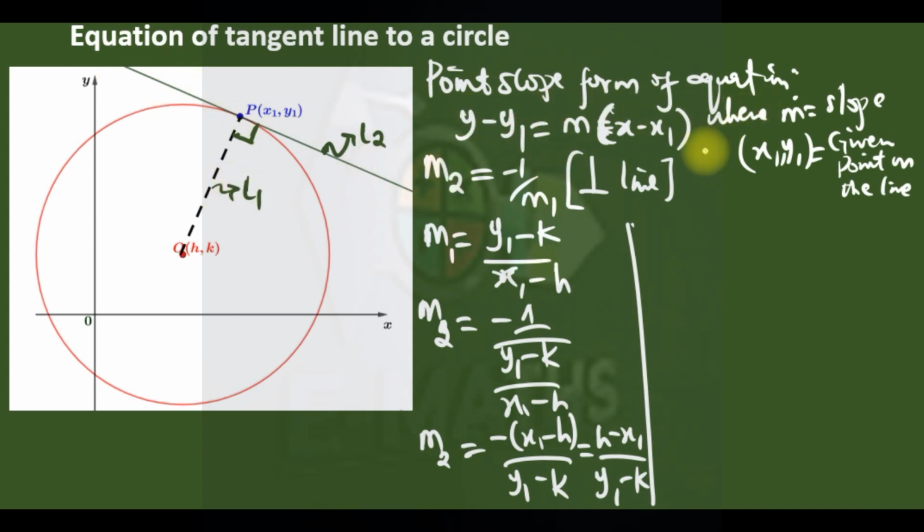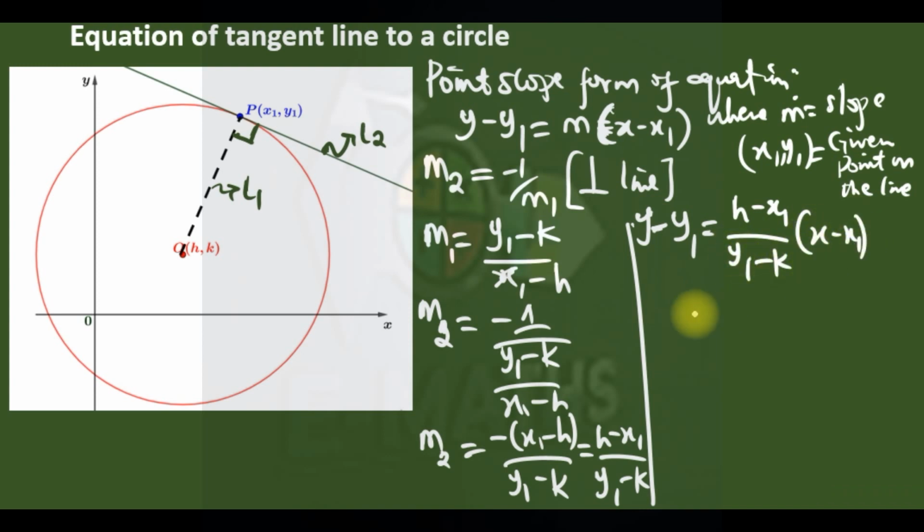So we now use our point-slope form. The equation of the line is y minus y1 equals the slope, h minus x1 over y1 minus k, times x minus x1. So you cross multiply, and we have y minus y1 times y1 minus k equal to h minus x1 times x minus x1.